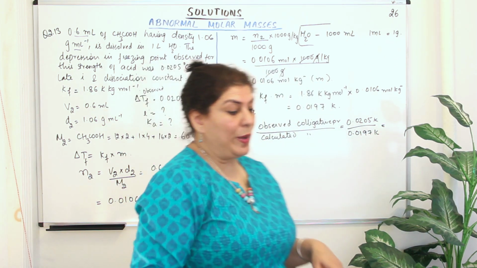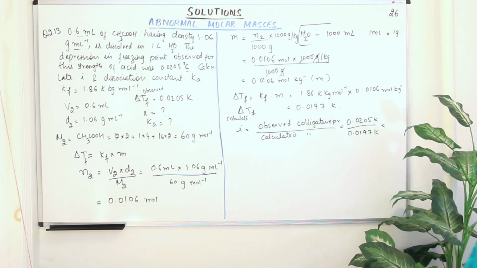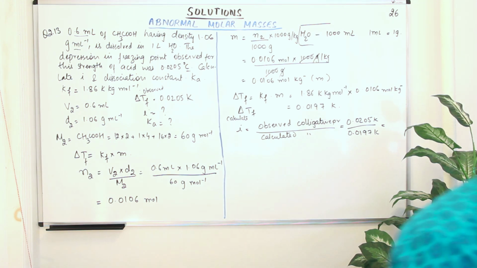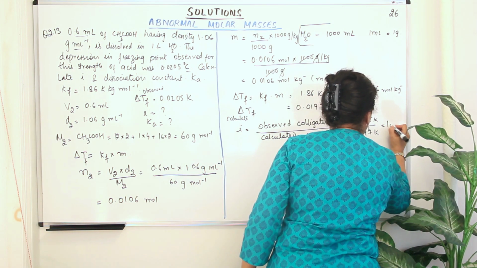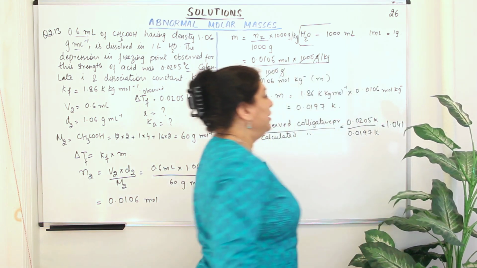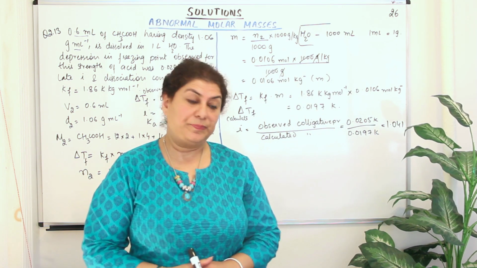And that gives us the value of van't Hoff factor i, which will come out to be equal to 1.041. 1.041 is the value of van't Hoff factor.